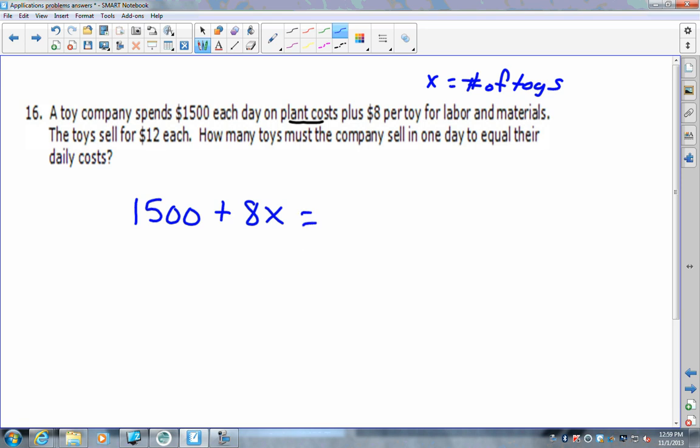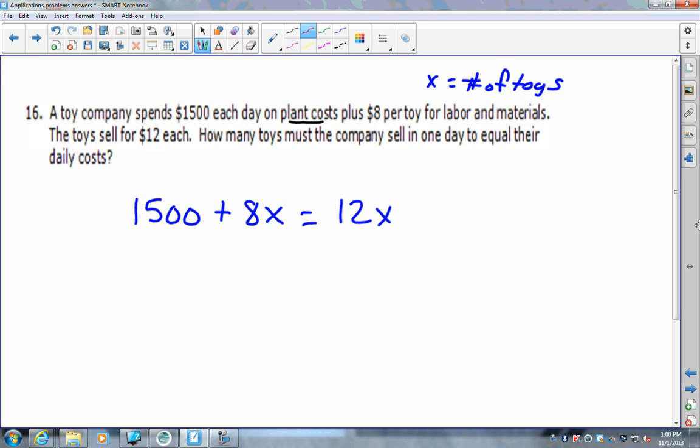Then I'm setting it equal to how much they sell each toy for. They sell the toys for $12 each. And why I'm setting it equal to each other is because I'm looking to see when they break even. Where do you make the amount of money that will cover how much it costs?